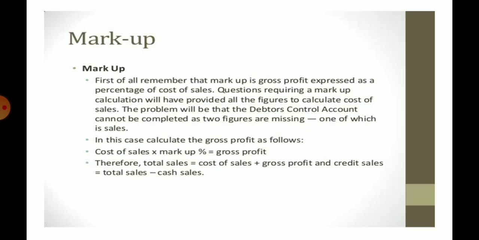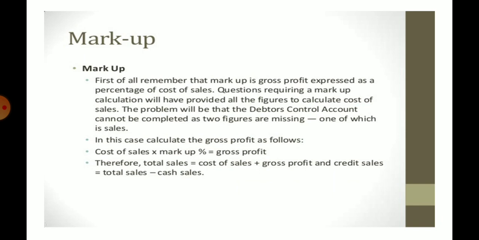Markup, first of all remember that markup is the gross profit expressed as a percentage of cost of sales. The question requires a markup value which will provide all the figures to calculate cost of sales. The problem will be that the debtors control account cannot be completed as two figures are missing, one of which is sales.